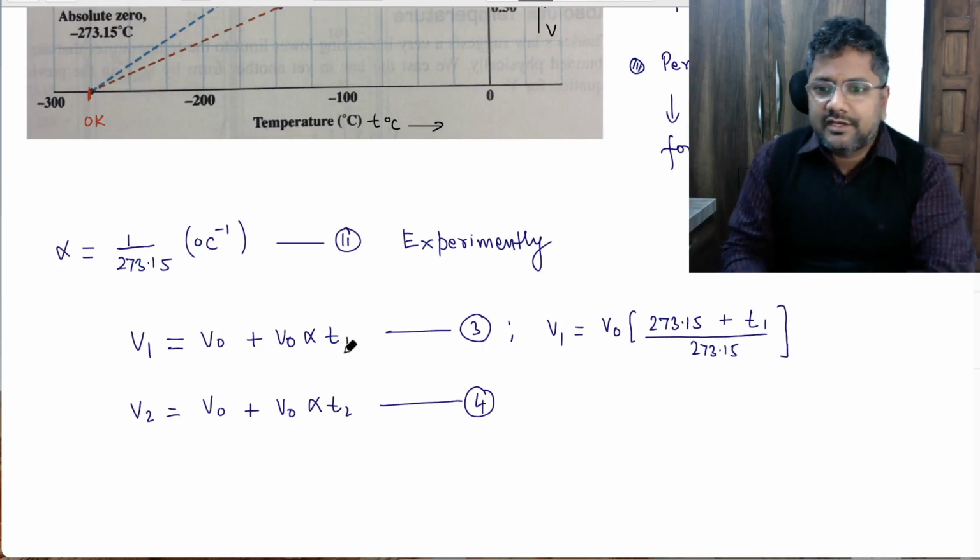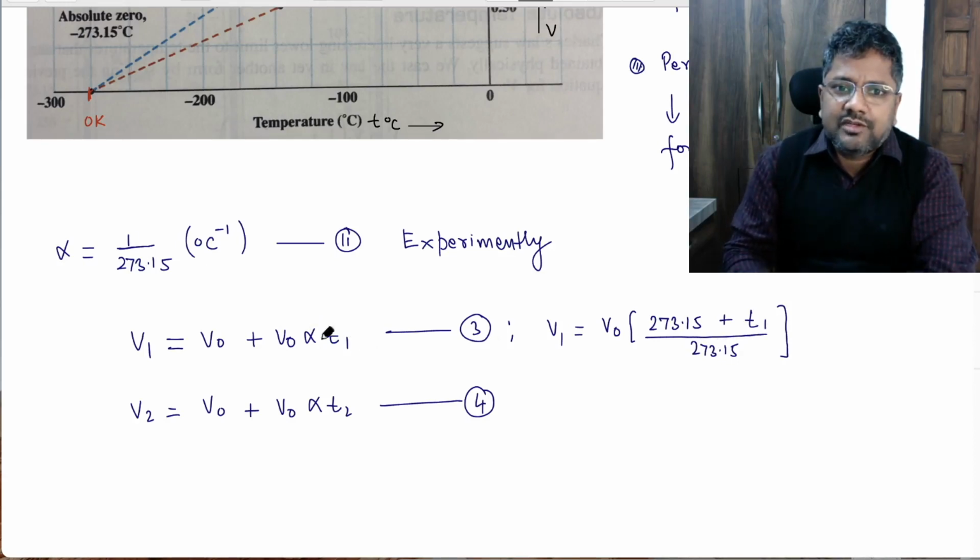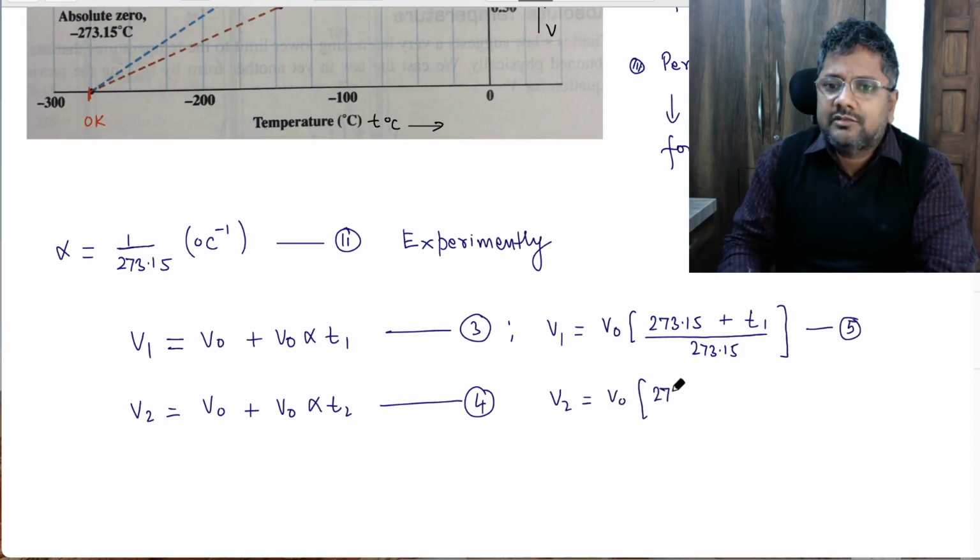What I have done here is put this value of alpha here and take V naught common. So this is equation 5. Similarly you can write V2 is equal to V naught into (273.15 plus T2) divided by 273.15.